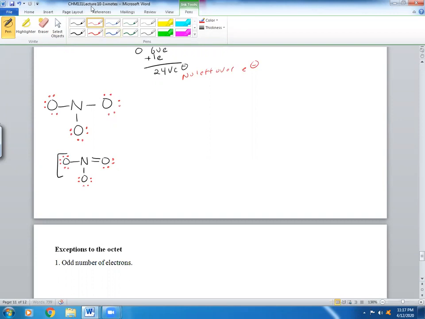Okay. Next. Can I draw another Lewis structure or a resonance structure, a contributor, where the double bond can be somewhere else? Yes, let's say we can put it there. So watch the resonance arrows.